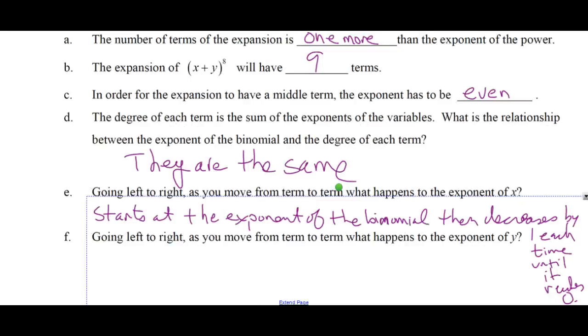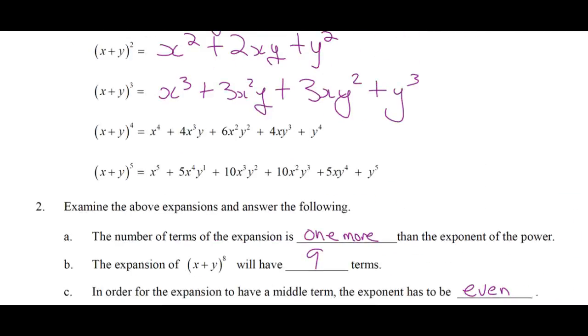Going left to right as you move from term to term, what happens to the exponent on the y? So what's the exponent on the y here?